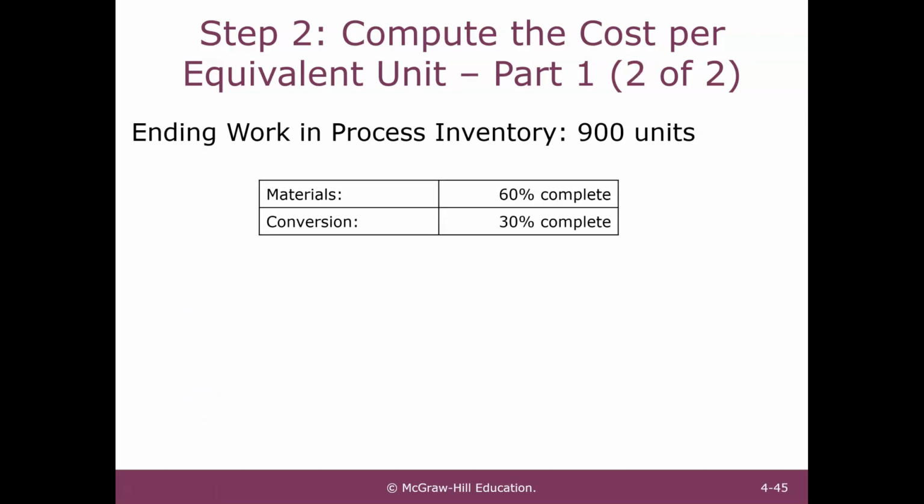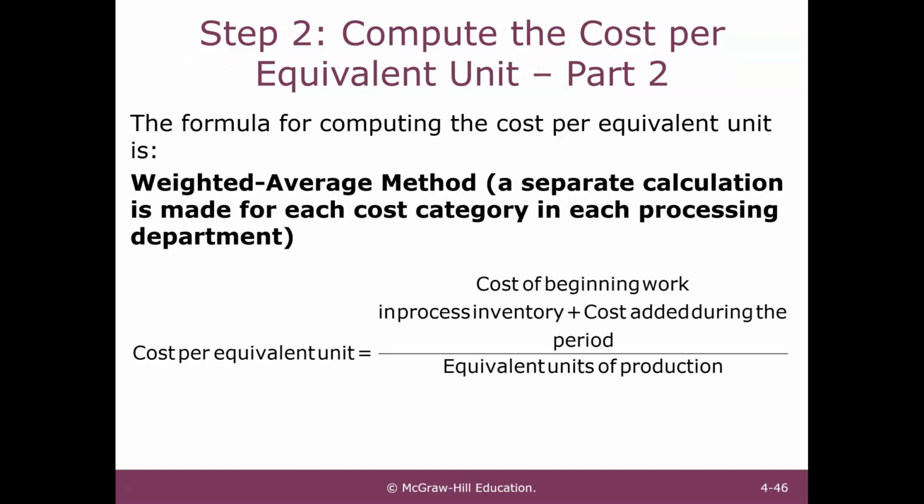Okay, let's go back to those 900 units that are 60% complete for materials and 30% complete for conversion. What we need to do is calculate the cost per equivalent unit. We know how many units are sitting in ending inventory partially complete for materials and for conversion.